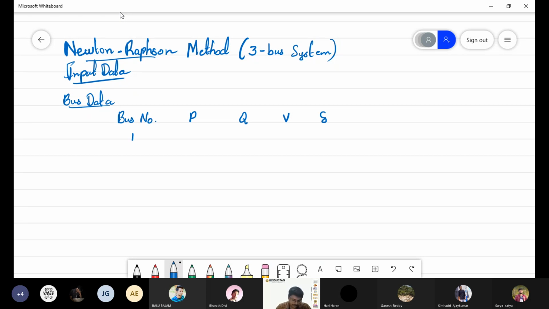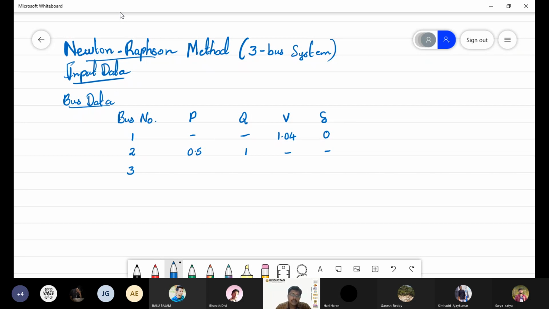The first bus: there is no real power, there is no reactive power, but the voltage is given as 1.04 and the angle is given as 0. And the second bus: the real power is given as 0.5 and the reactive power is given as 1, and the voltage and phase angle are not given.